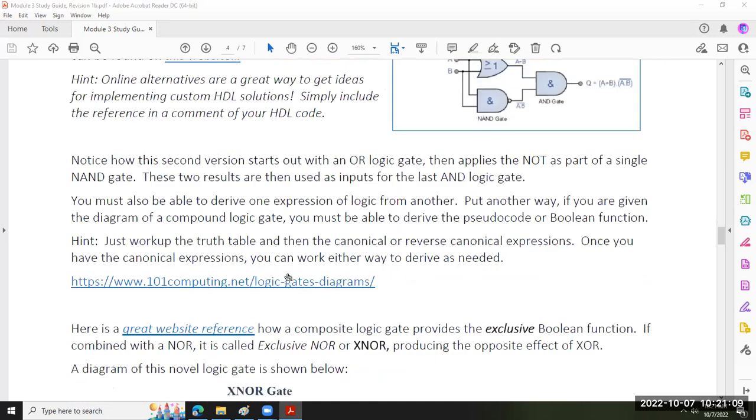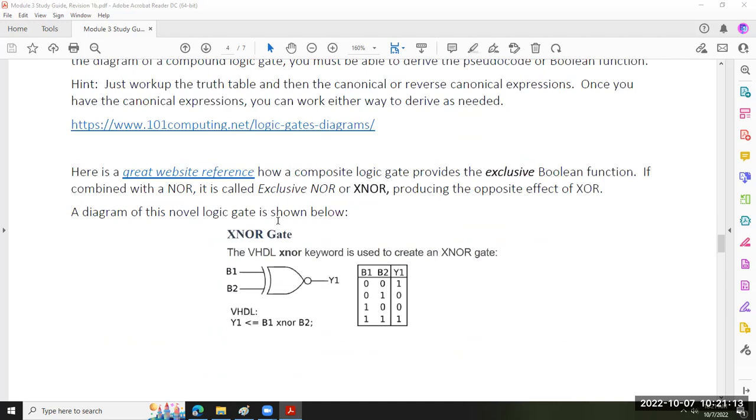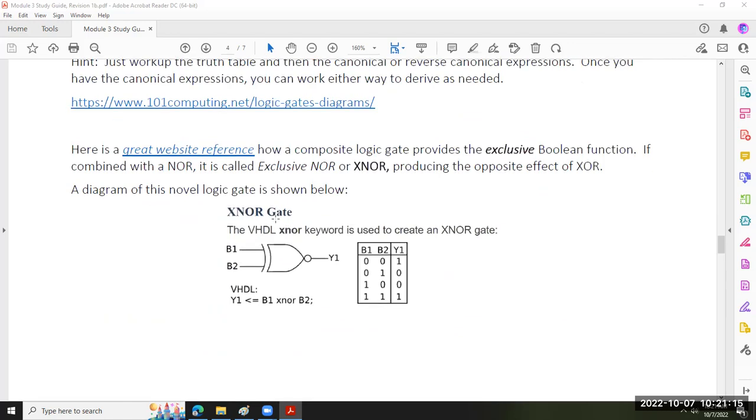Yes, when there's any difference in the inputs, this lights up. XNOR, rather, is the reverse of that. Someone else, please. This lights up when what other condition is true? There's a truth table right on the screen.